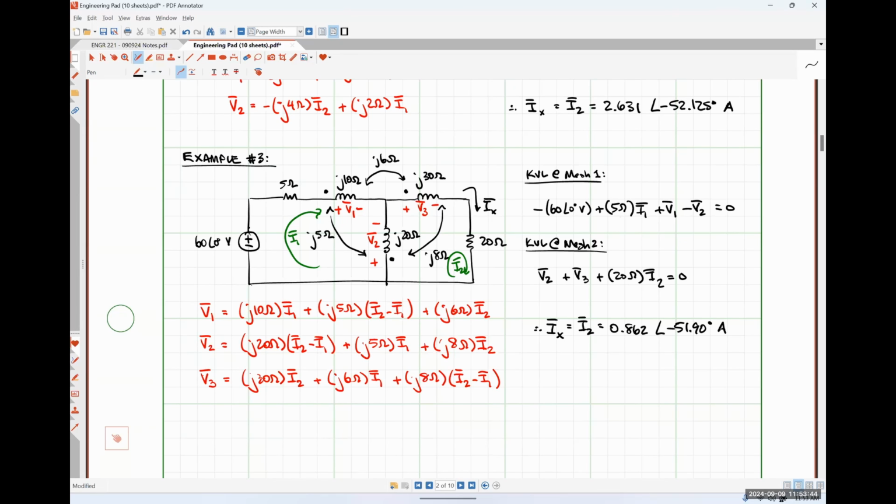Effectively, a transformer is just a circuit where we have intentional magnetic coupling. We are going to sort out how transformers work, how they are able to step up and step down voltages, and inversely step up and step down current. We're going to talk about energy transfer, equivalent circuits for them, all of that kind of good stuff. So that'll be Wednesday's class. All right, thank you guys for your time, and I will see you on Wednesday.